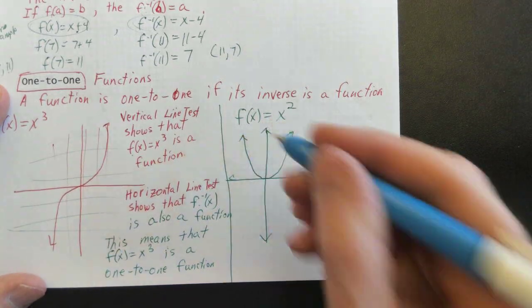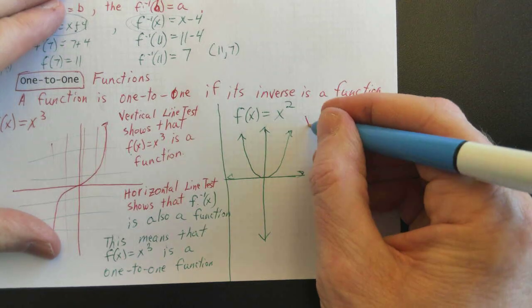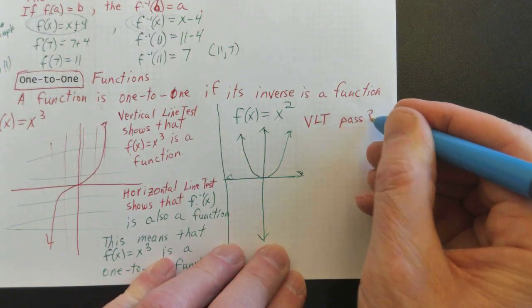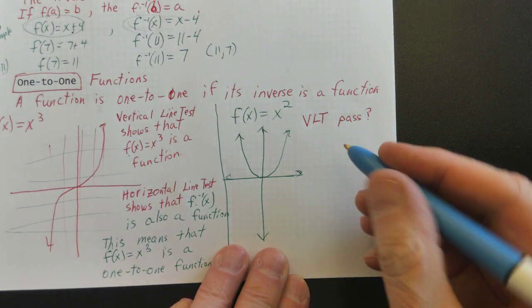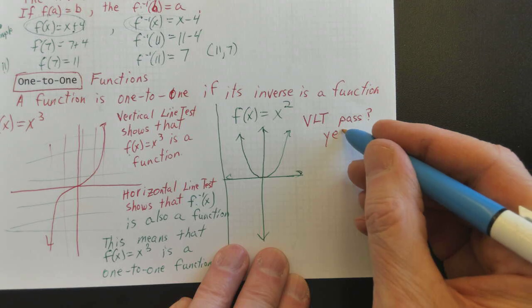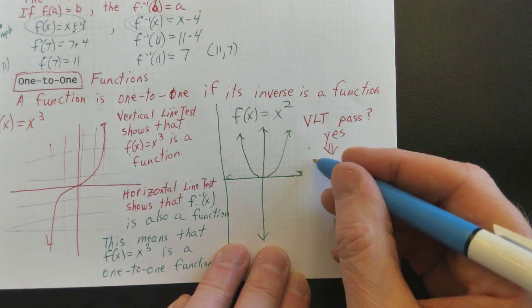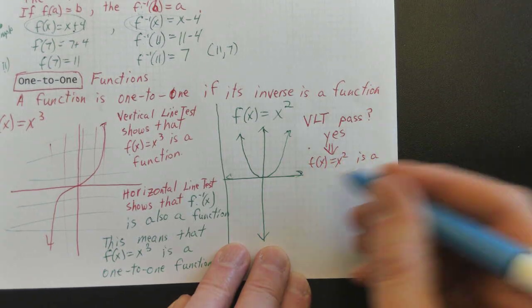This is a quadratic, right? Let's abbreviate a little bit: VLT for vertical line test. Does it pass? It passes the vertical line test. Yes. That means f of x equals x squared is a function.